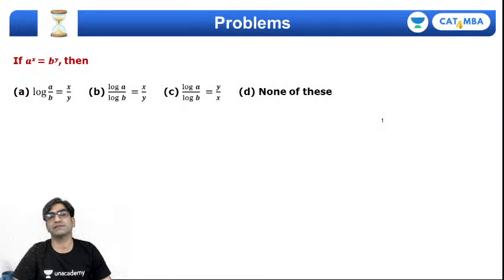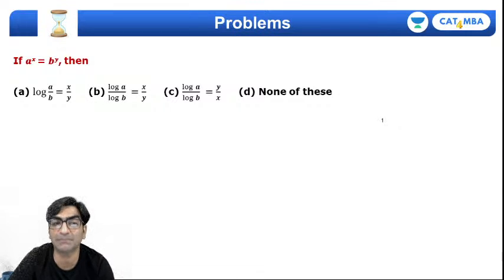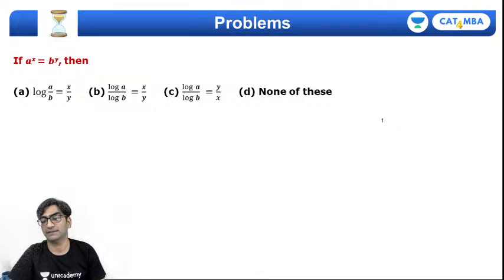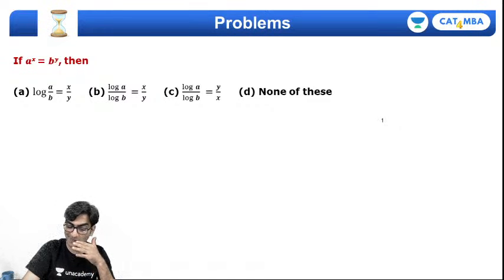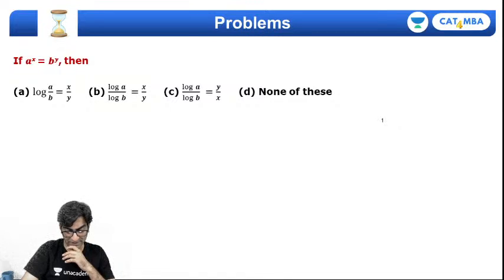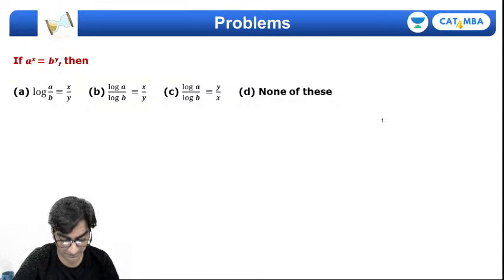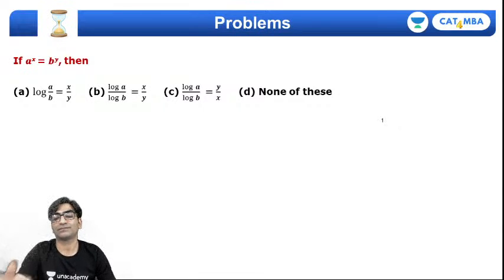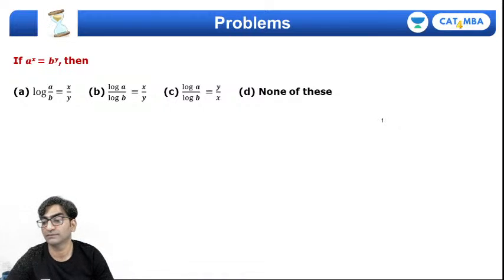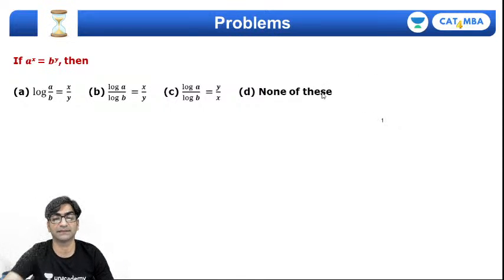Okay, here's another one. If a power x is given to me as b power y, then how about a relationship between a and b? what do we do with this, right?